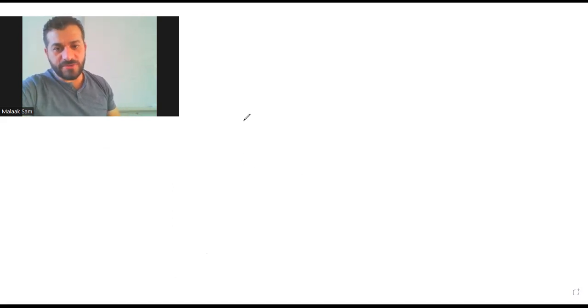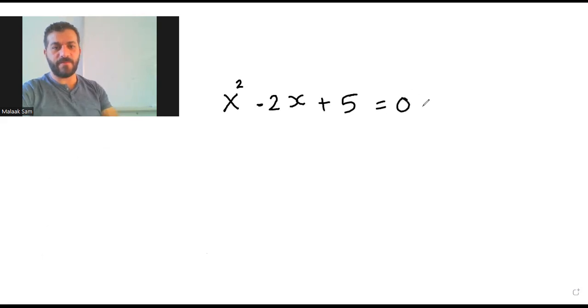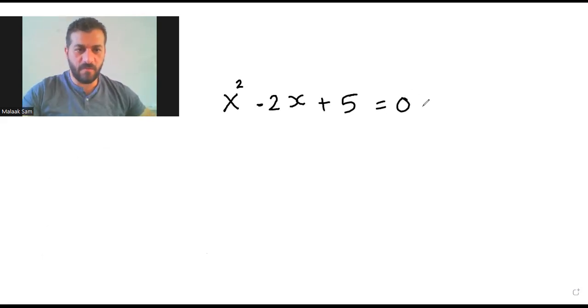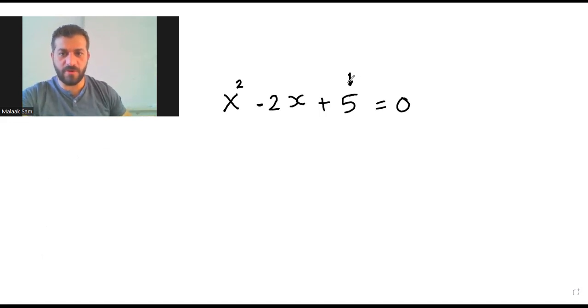And we can use this information in solving a quadratic equation. So if I have x squared minus 2x plus 5 equals 0, firstly we try factorizing. We couldn't get two numbers whose product equals 5 and whose sum equals negative 2.